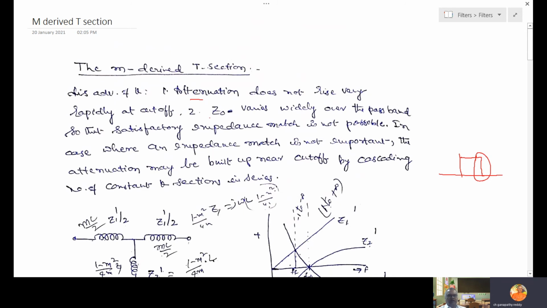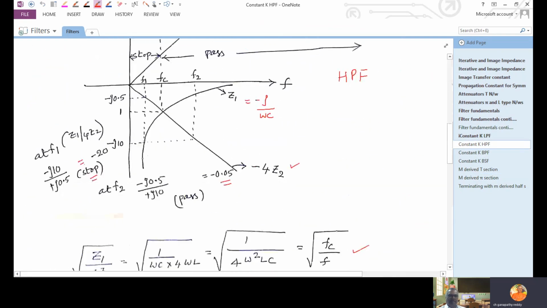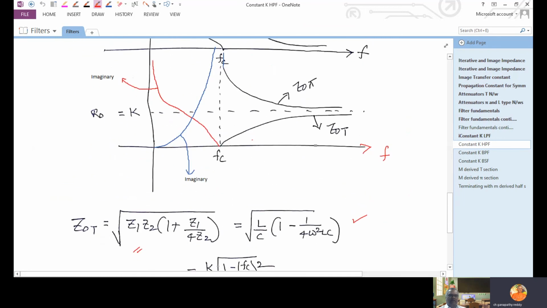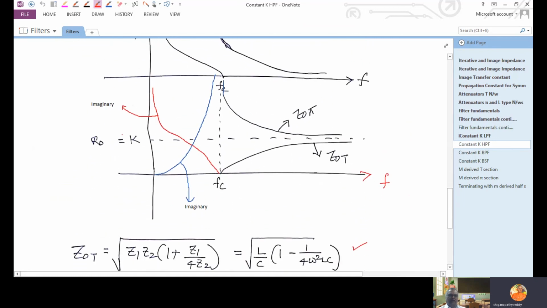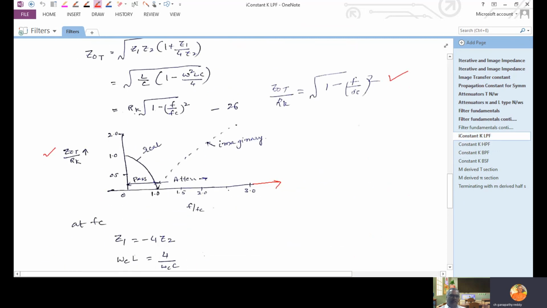Second, the characteristic impedance Z0 varies widely over the pass band, so a satisfactory impedance match is not possible. The filter is terminated with R0, but if you see the Z0 characteristic of the filter in the pass band, it is changing, not constant. I can show that, even in the low pass filter.